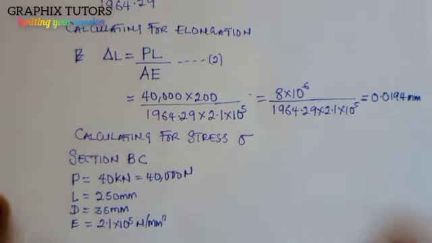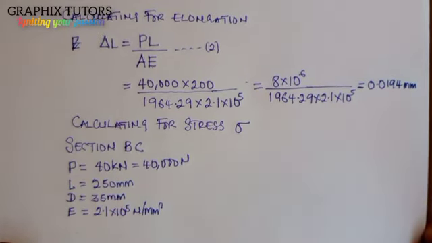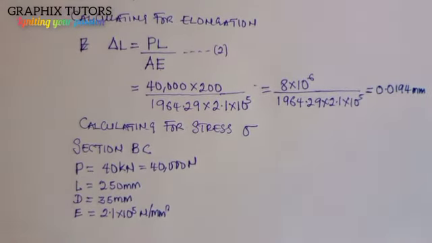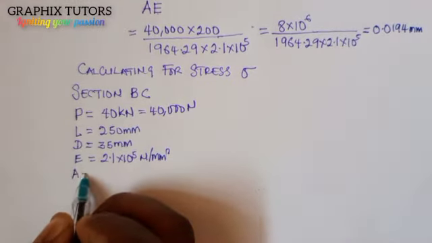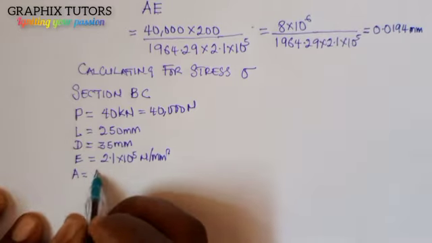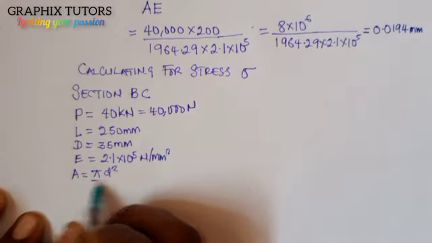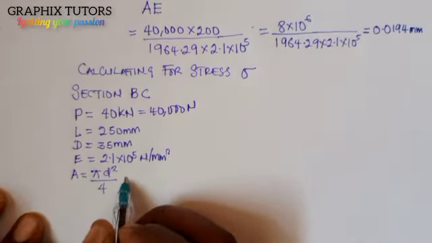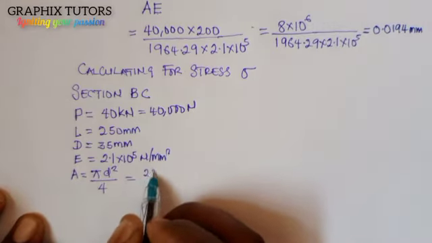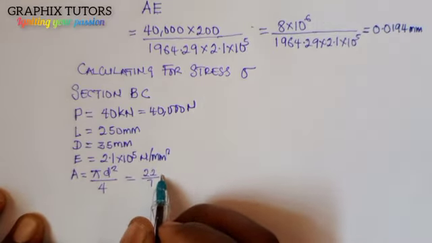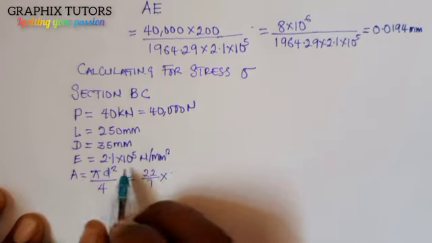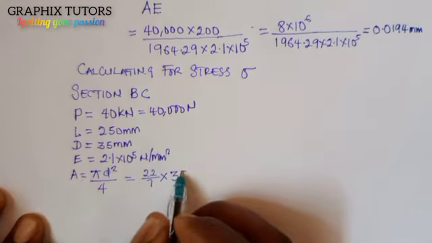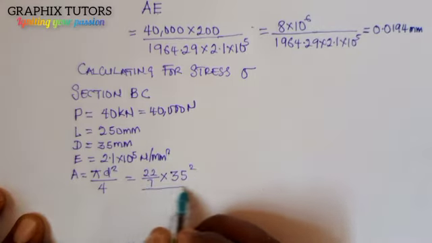So what we're calculating for should be the area. So we'll now say that the area is pi d square all over 4, which is giving us 22/7 multiplied by the diameter, which is 35 square all over 4.